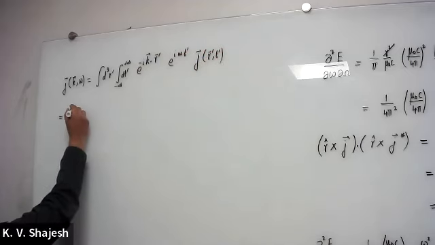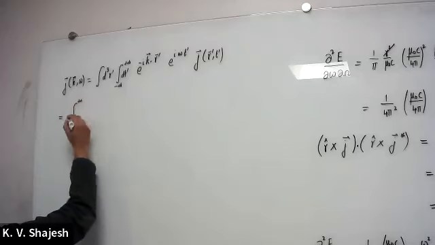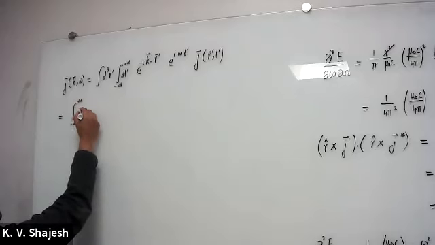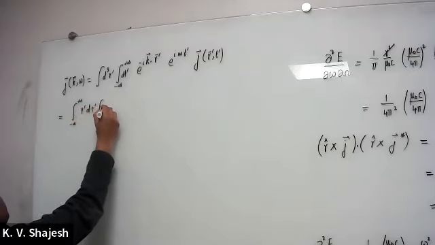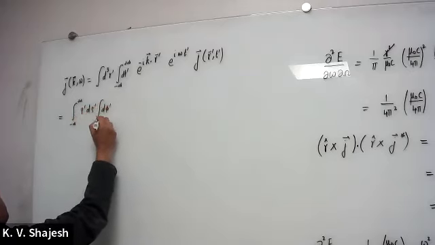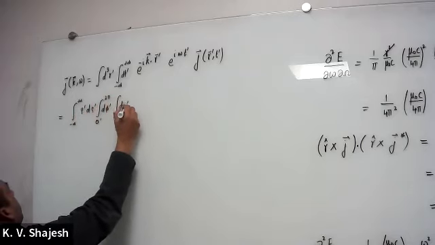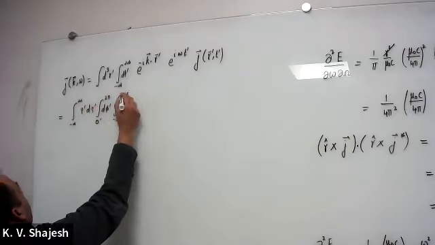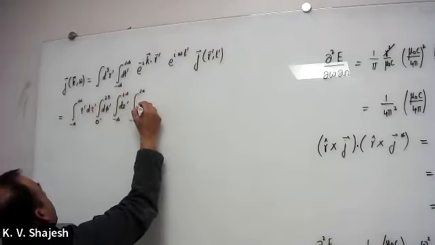So this is minus infinity to plus infinity. Let's work in cylindrical coordinates. So it's rho prime d rho prime, d phi prime, 0 to 2 pi, and z prime from minus to plus infinity, and that is dt prime.